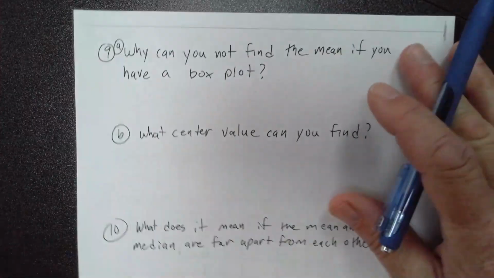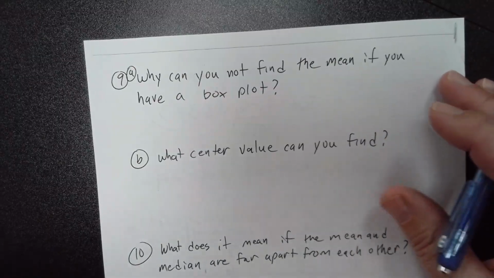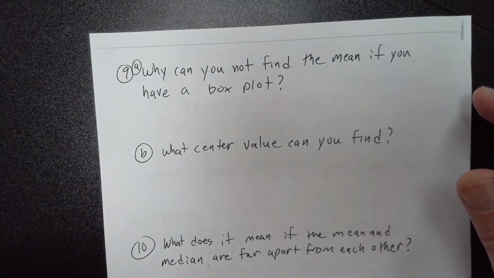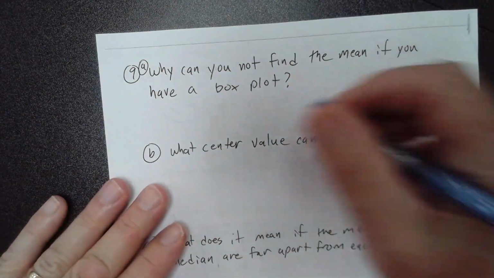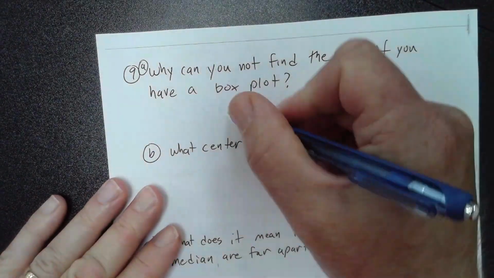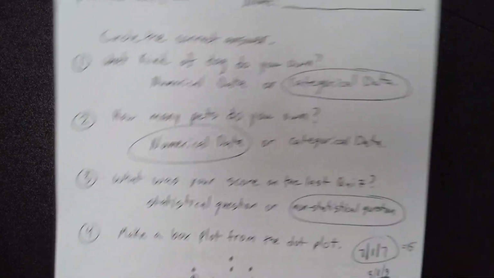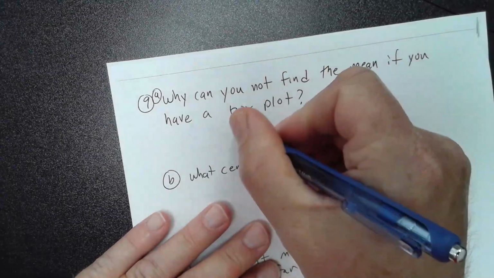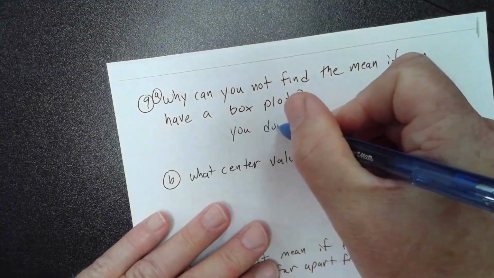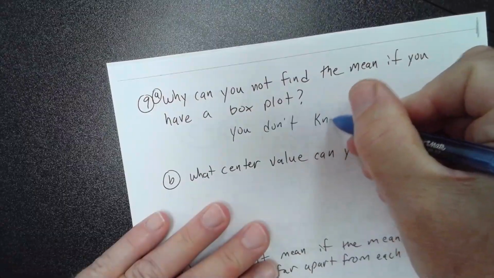Okay. Why can you not find the mean if you have a box plot? Well, in a box plot you just don't know the individual numbers, so you can't find the average, right?